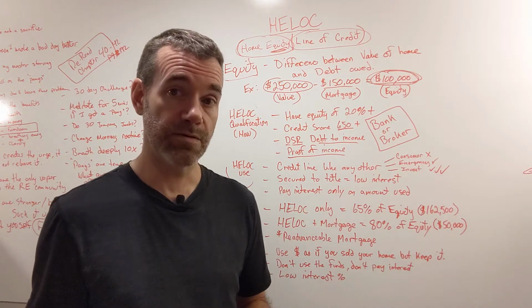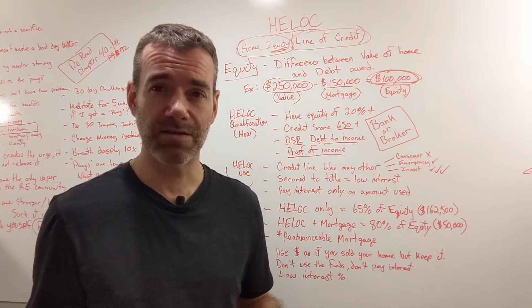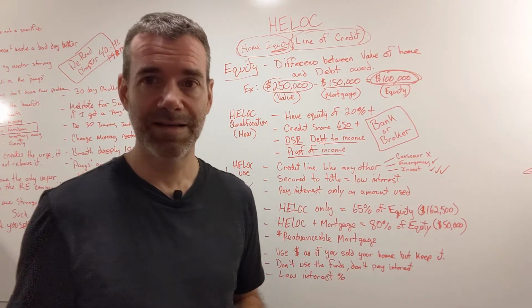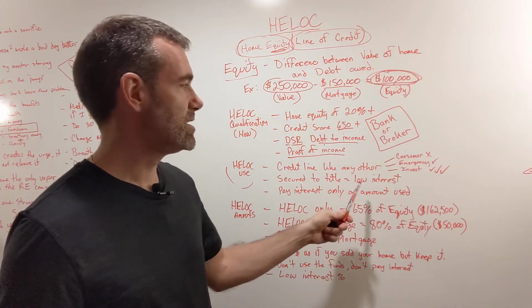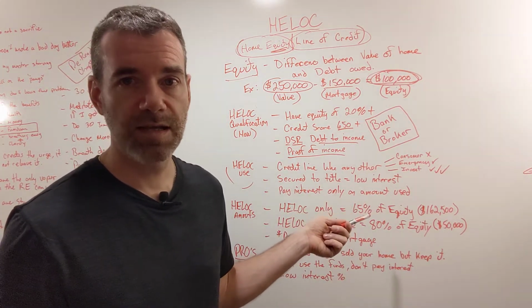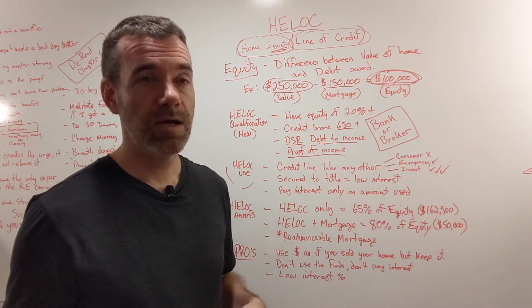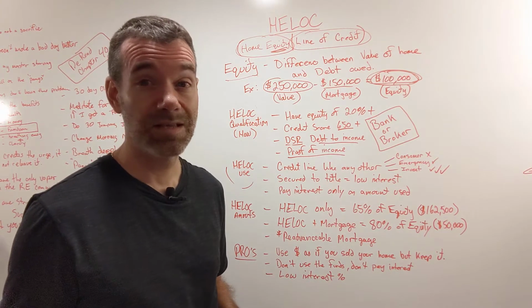If you have a personal credit line, you'll know that those range in the high single digits, like 7, 8, 9%, depending on when you're watching this video. If it was 8% for a personal credit line, your HELOC might be 4%. So it's a significant difference. And right now, the higher rates are around 3.5%. So that's really good.